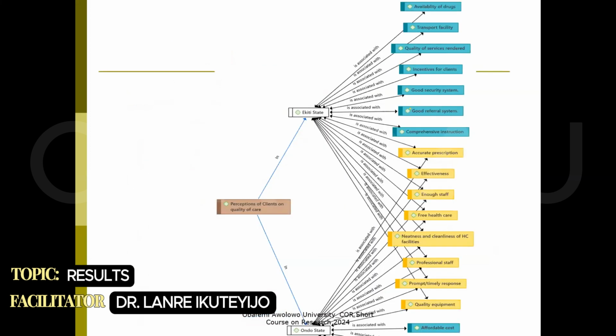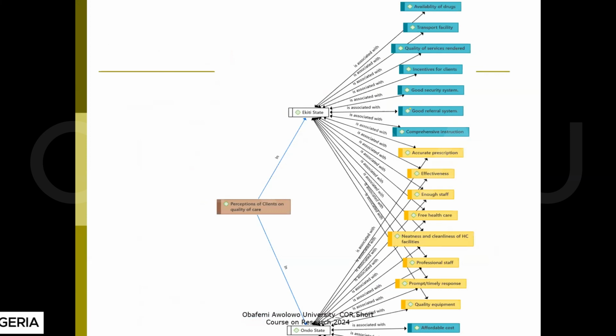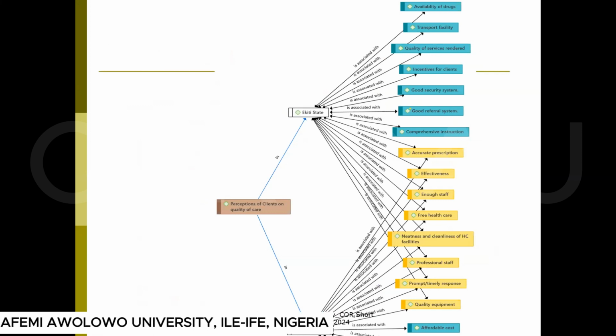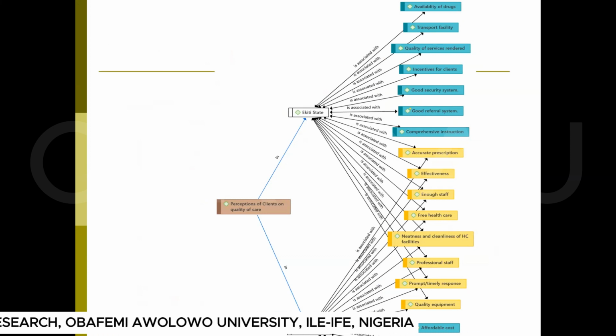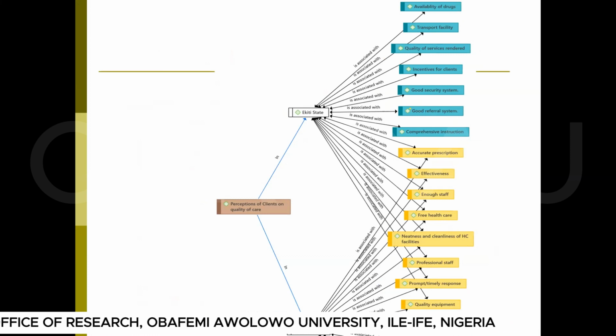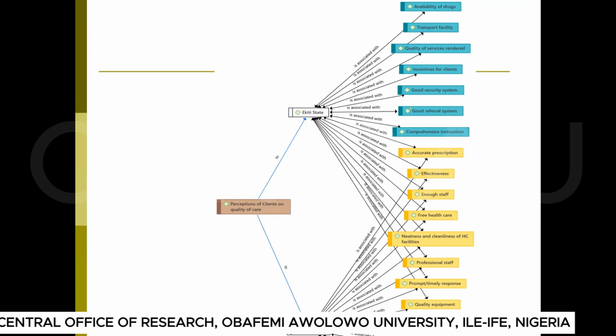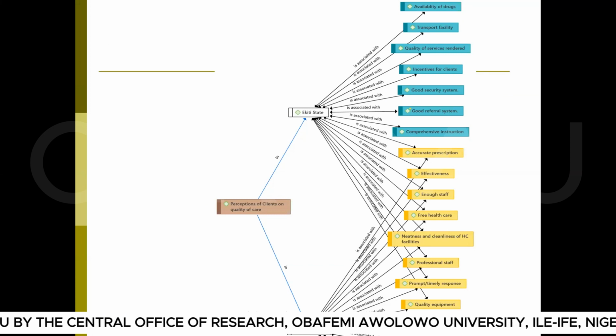Look at this also. This one is talking about perception of clients on quality of care. Still the same study where data was collected from Ekiti and Ondo State. So you can see here, let me try to explain. The blue color talks about the responses that are gotten from each of the states.